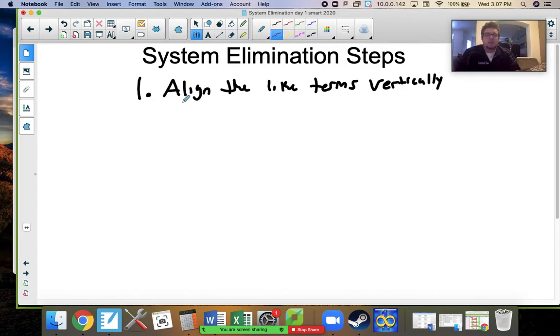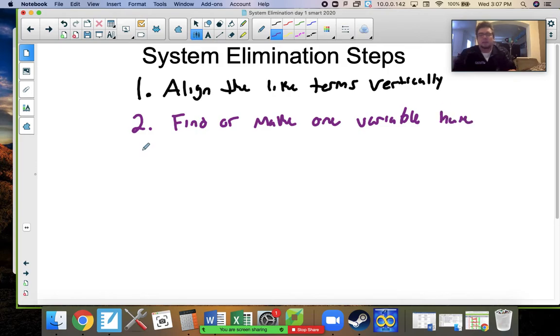So once you've checked and everything is aligned vertically, you want to find or make one variable have the same coefficient.